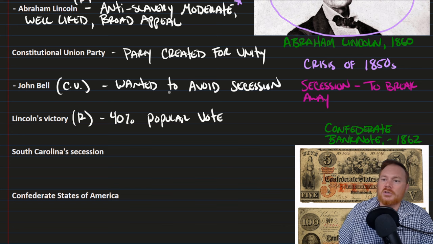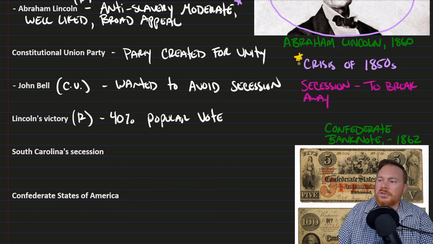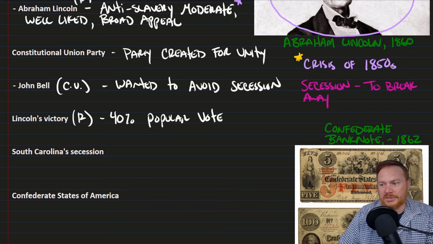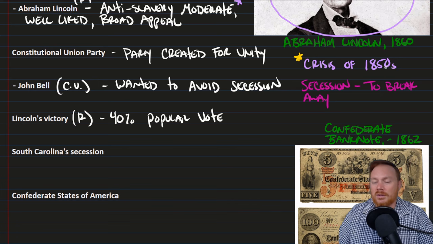Tension had been building up between the Union and the Confederacy all during the 1850s. You had the crisis over California, the crisis over Nebraska, the Dred Scott decision. But once Abraham Lincoln won that election of 1860, it was South Carolina that became the first state to secede from the Union.